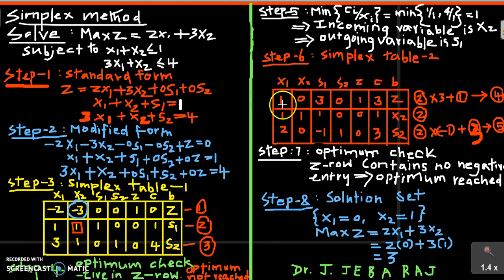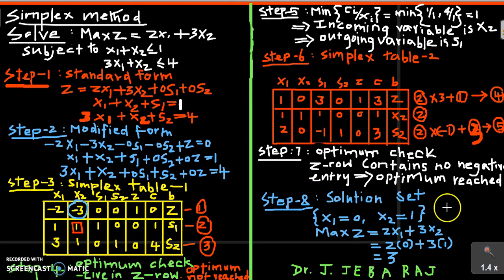If some negative number comes here, optimum is not reached. Here all are positive, which implies there is no negative number, so the maximum is reached.